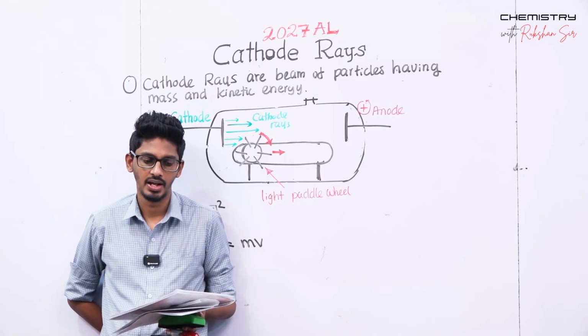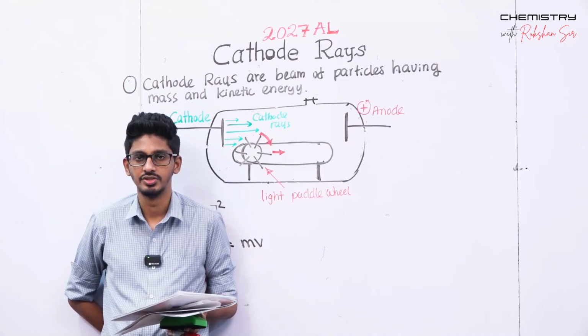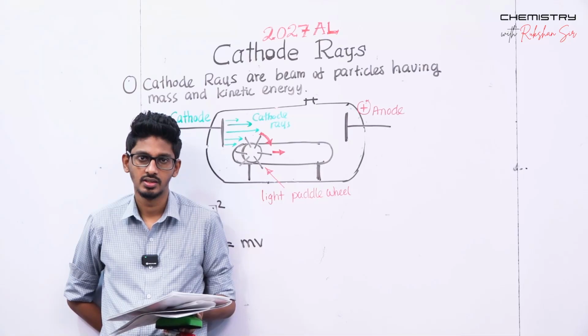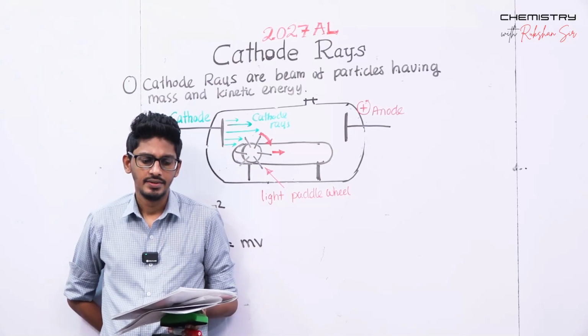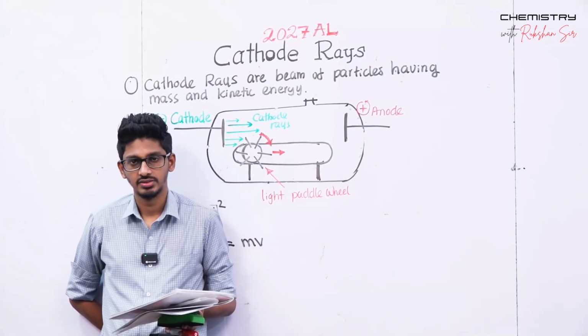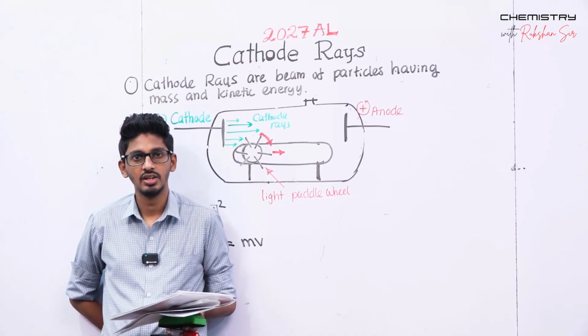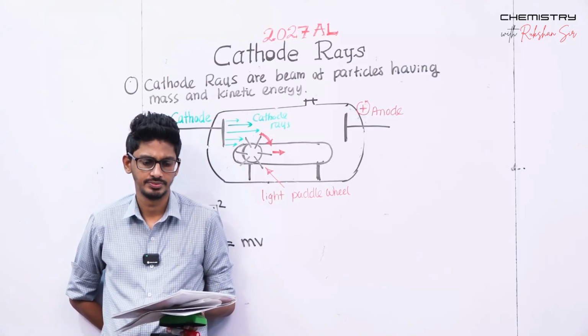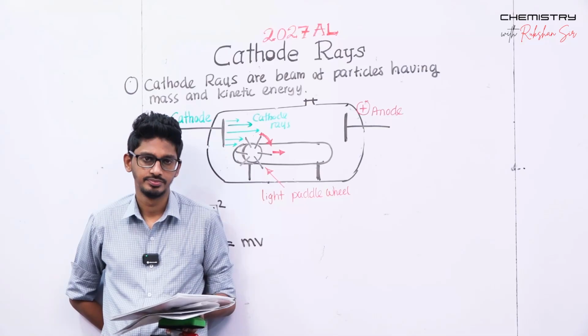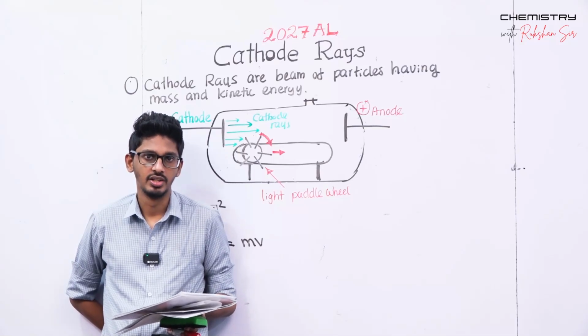On placing a light paddle wheel in the path of cathode rays in a discharge tube, put a comma and write it in red color again, the blades of the paddle will rotate.